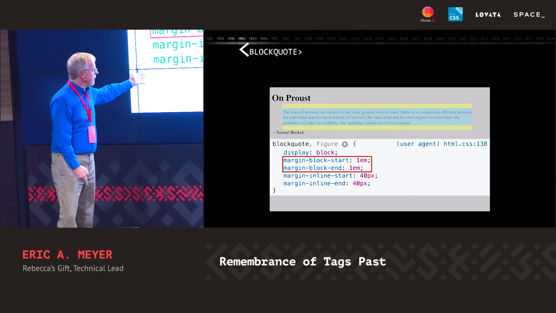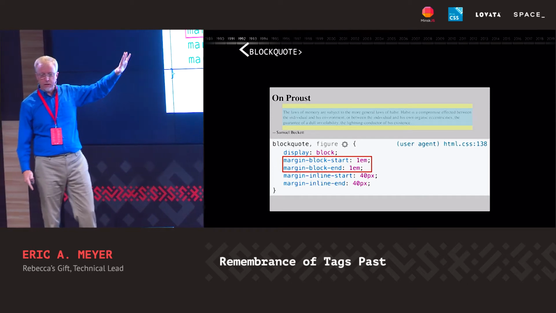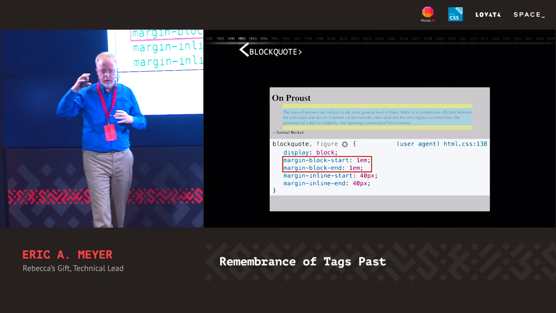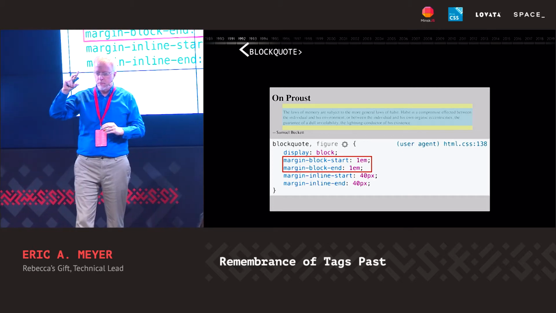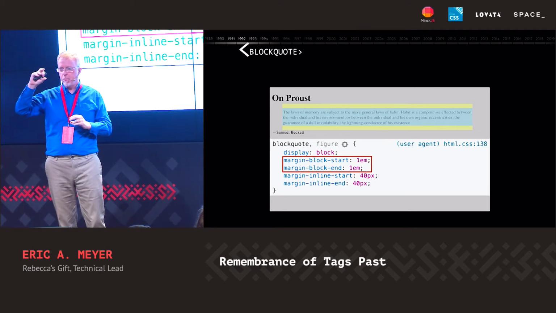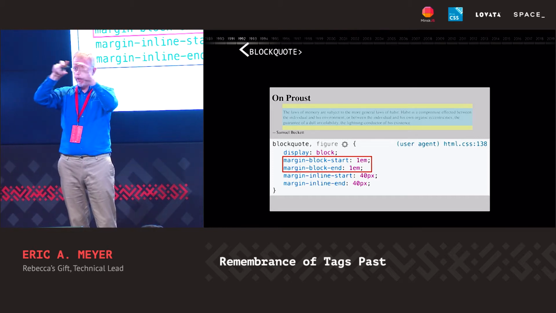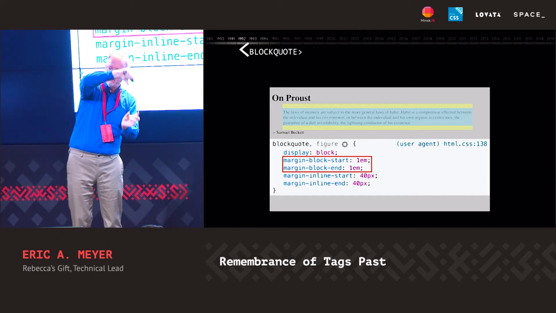Then margin inline start and margin inline end here are going to be on the sides, but if you use these logical properties, you can have a situation where you say, I want a certain margin to go at the beginning of the block direction. So if I'm writing in English, it'll be up here, but if I'm writing in Japanese, it'll be over here.